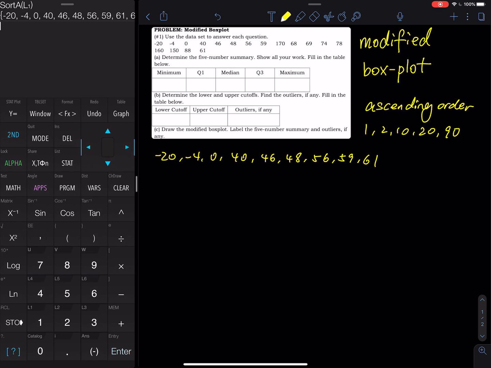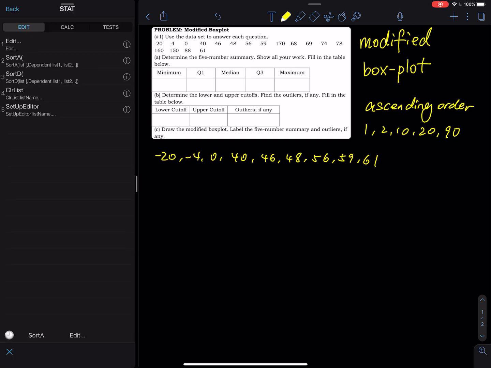Okay, they don't allow me to view the whole list in here. So if you want to look at the whole list, you have to go to stat and then go back to edit. So the whole list is there.